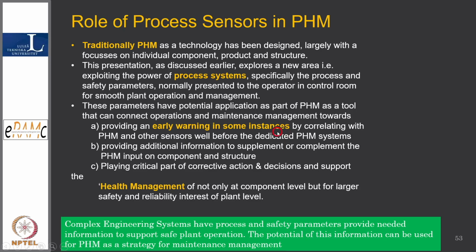So, providing an early warning in some instances: component-based PHM sensors give certain information, but there is some information that is available in process system sensors, like the flow of the system. Let's say I have a pump which is operating, and it is giving some flow, and that flow is steady state. Now I find that there is a flow drop at some point of time in the day, and I find that this flow is dropping because of a reduction in grid voltage, let us say, and that is translating into various electrical levels.